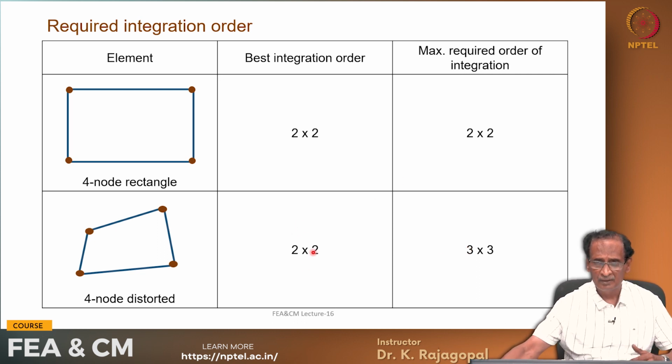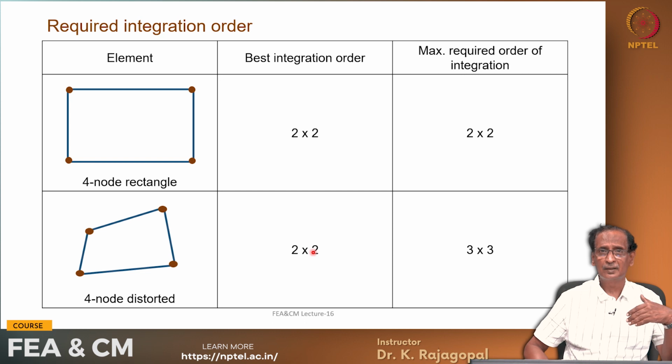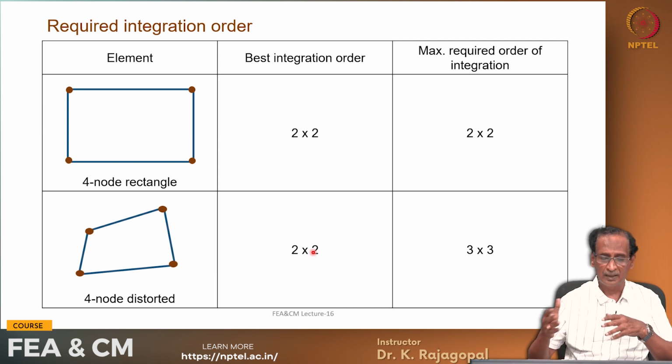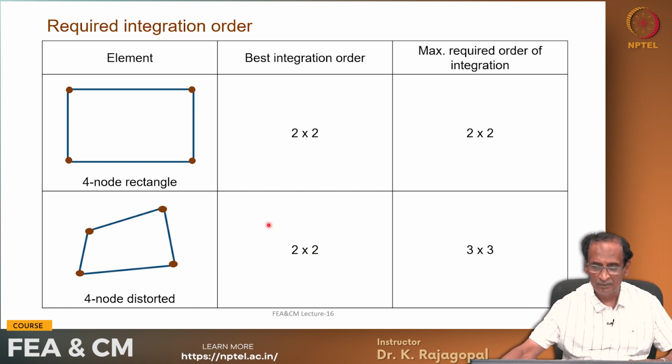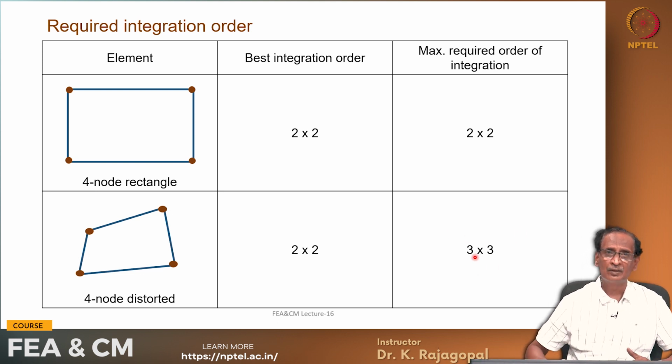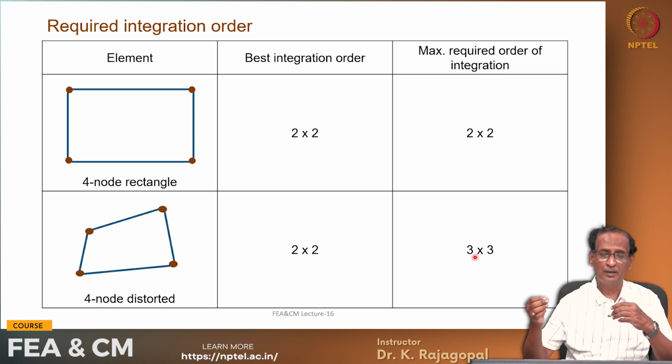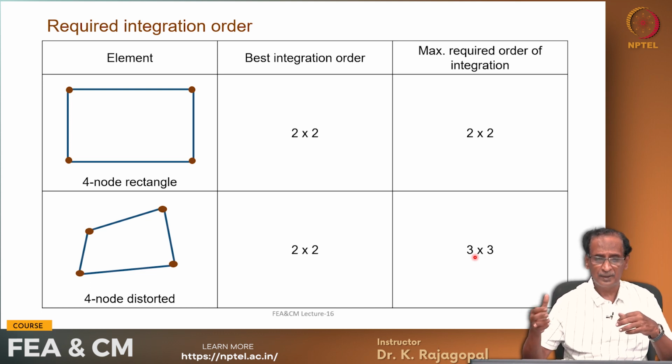If you use a lower order of integration, we can partially compensate for the over stiffness of the continuum, and then get better results. So that's the difference between the best integration order and the maximum integration order. And by using the maximum integration order, you may not get any better solution, but definitely you will spend more computational effort.